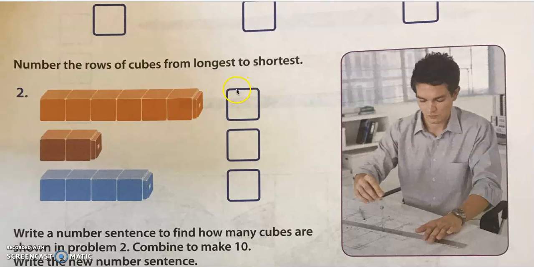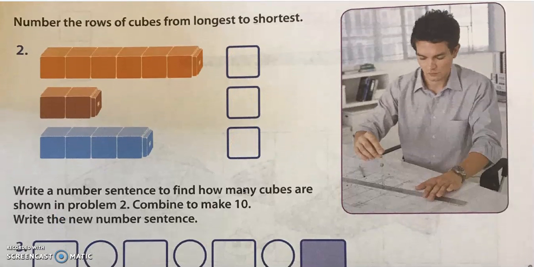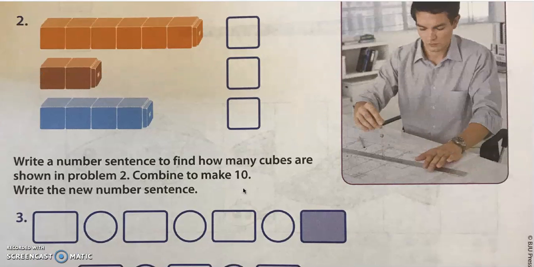And the middle length is this one, right, number 2. And what is the shortest? Number 3 here, the middle one, right? So 1, 3, 2. Okay, so it was from longest to shortest.